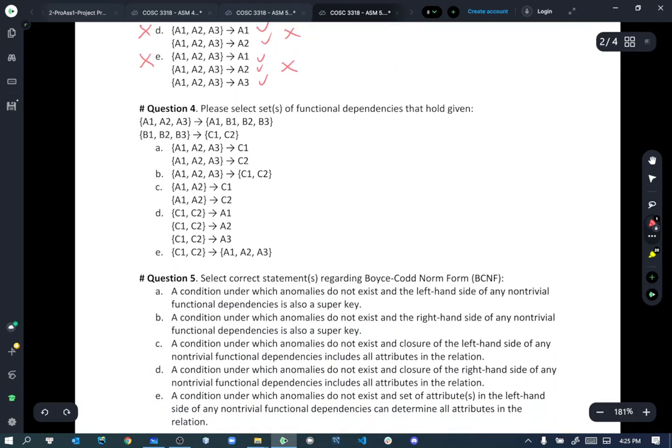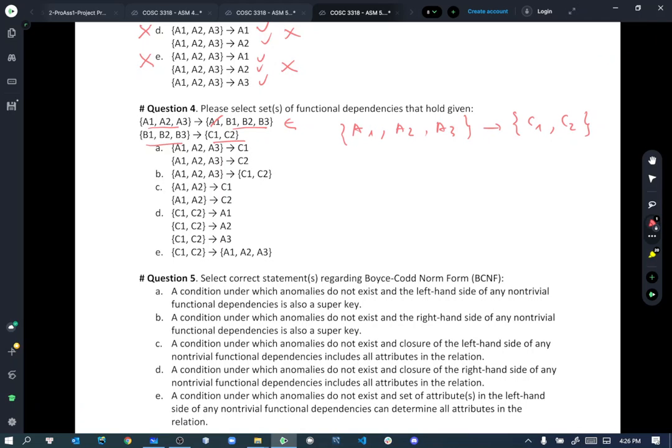The next one, please select the set of functional dependencies that hold given the same thing here. So that holds only. From here we see that we can always drop this because it's trivial. So it becomes A determine B and B determine C, which means that A1, A2, and A3 will determine C1 and C2. This one is transitive dependencies.